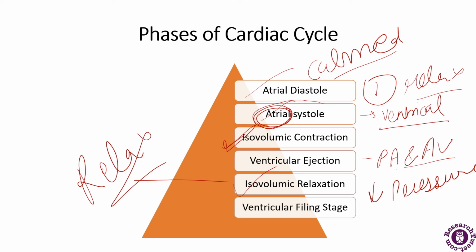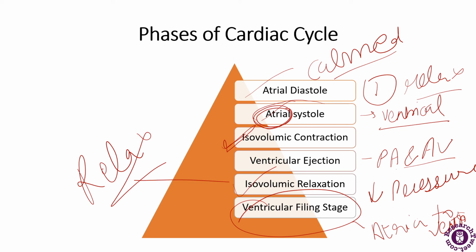And now due to the pressure in the aorta and pulmonary artery, the aortic valves close. Next is the ventricular filling stage. In this stage, blood flows from the atria into the ventricles, and it is altogether known as one stage.